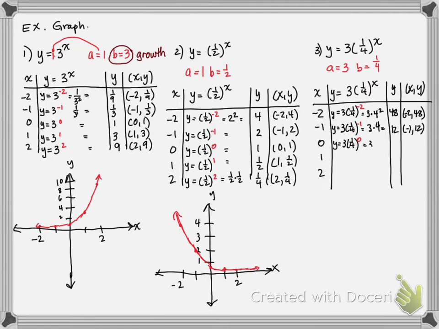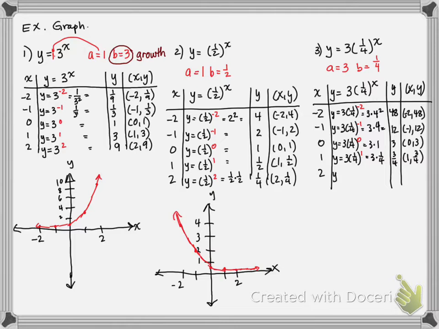And that's going to give me 3 times 1, or 3. So that's my y-intercept, a little different this time. Okay, and then we're going to plug in 1 for my exponent. And that's going to give me just 3 times 1/4, which is 3/4. Ooh, fraction, lovely.